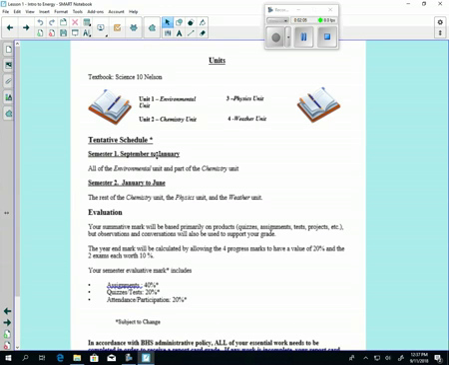Because it's a year-long course, your mark is divided 50-50 between what happens between now and January, and January to June. If you come pretty well between now and Christmas, and then you don't come at all or very little after, you won't get your credit for science. Like I said before, the assignments are worth 40 and your participation is 20. If you do at least that, you're going to get a pass mark.